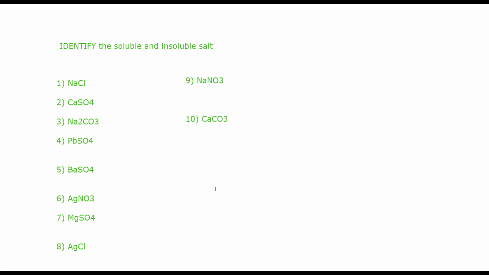So you just have to mention which of them are soluble and which are insoluble. You can use the table because you have not memorized it yet, so you will use the table to identify the salts which are soluble and the salts which are insoluble.